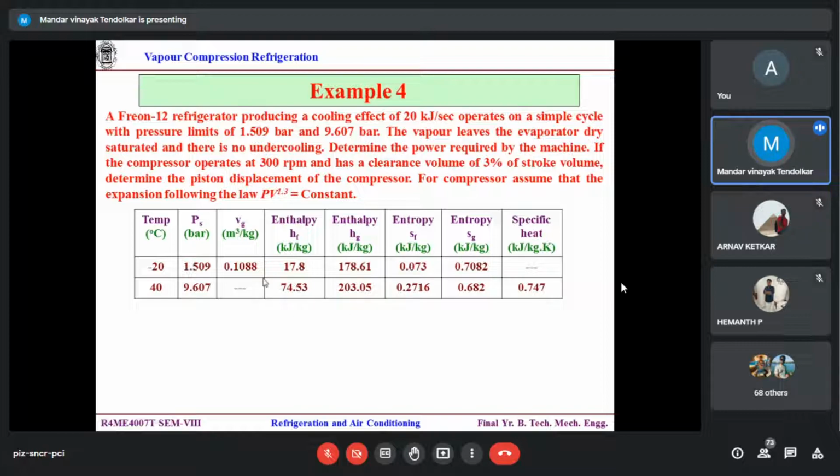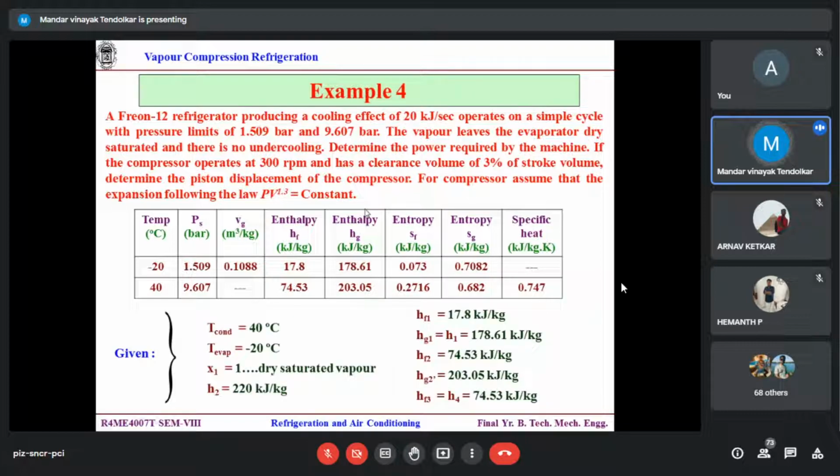Right. So here, majority of the properties are given. What is the interpretation of data? 40, then evaporator minus 20, X1 is 1, then H2. Where did this come from? This is wrong. Copy paste. Control C, Control V. The earlier example.